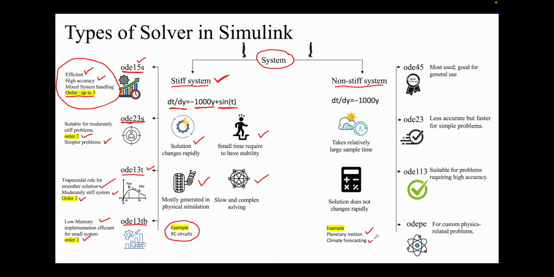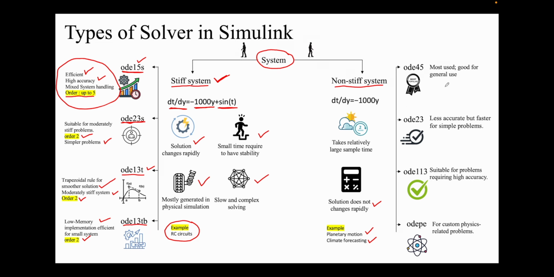Along with that, you can also use it for climate change related models. So basically the intention is to use it for systems which can have a larger sample time. The solution does not change very rapidly, so the cost of the calculation is also not that high.